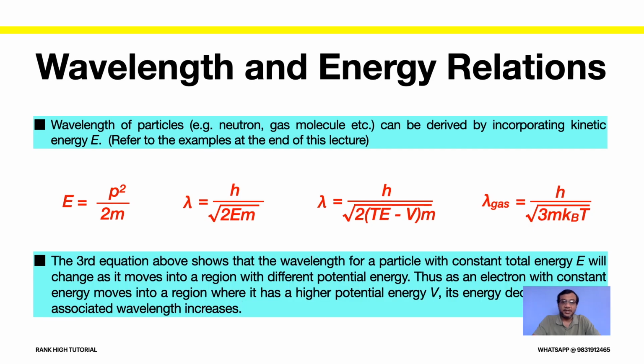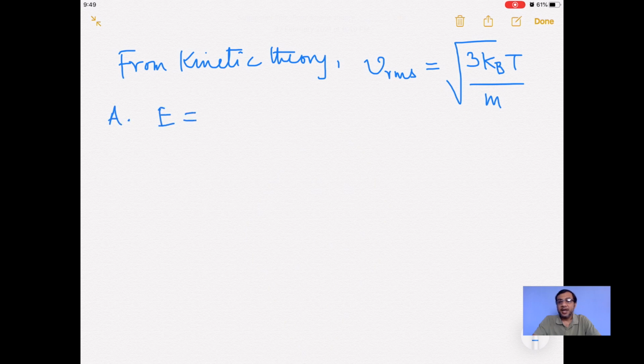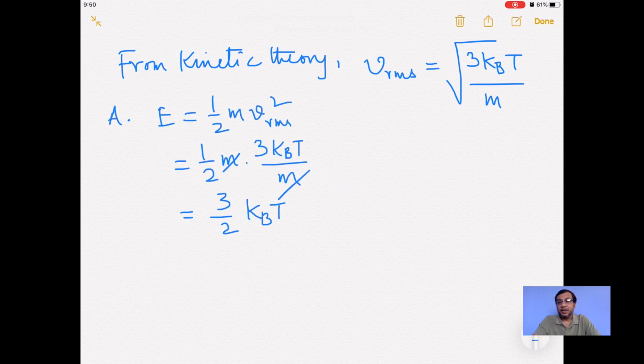In the fourth relation, we will see how the wavelength of a gas molecule changes with temperature. The relation is lambda equals h by square root of 3 m k_B T, where k_B is the Boltzmann constant.